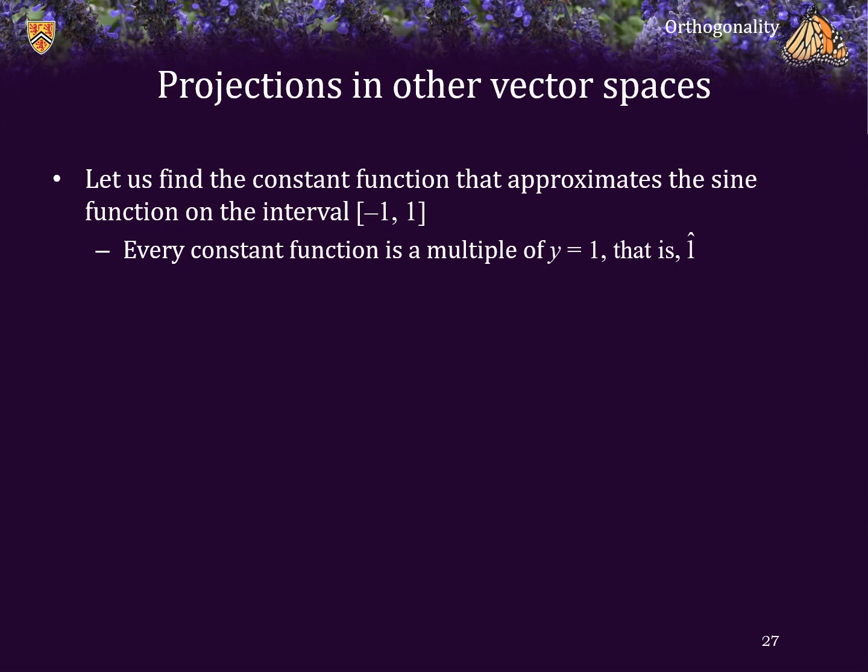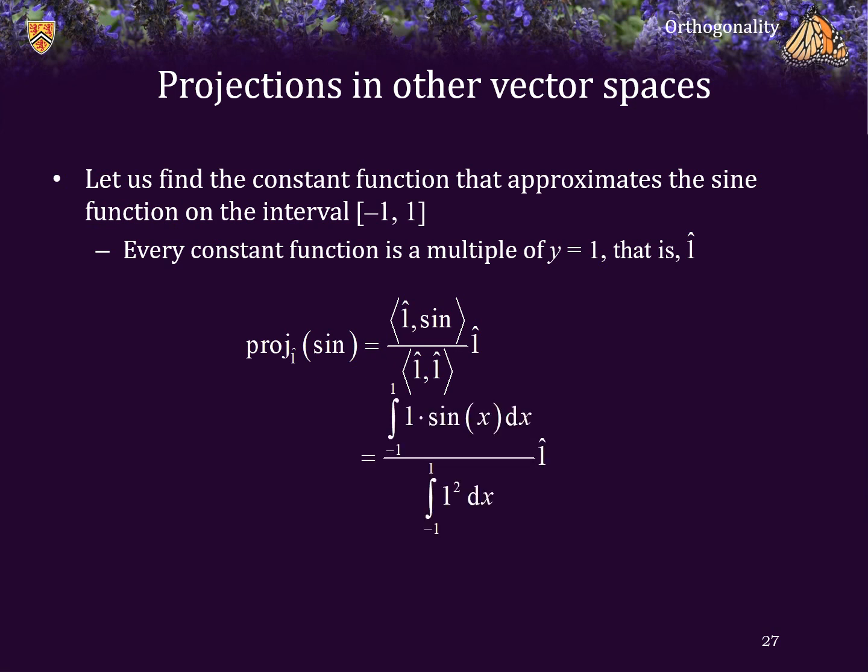Anyway, the projection of sine onto the one function is just the inner product of sine with that one function over the inner product of the one function and itself, all times the one function. Well, that's just equal to the inner product, or the integral, from -1 to 1 of 1 times sine of x dx over the integral from -1 to 1 of 1 squared dx.